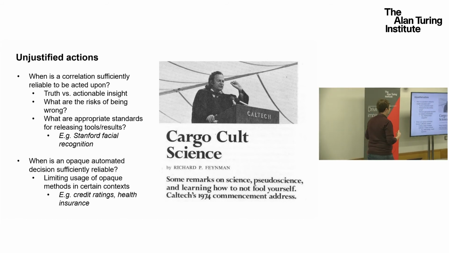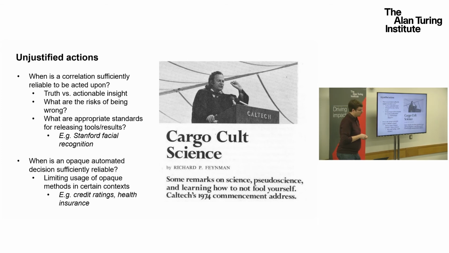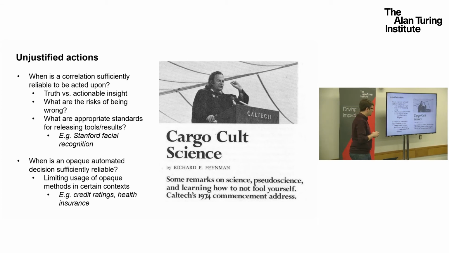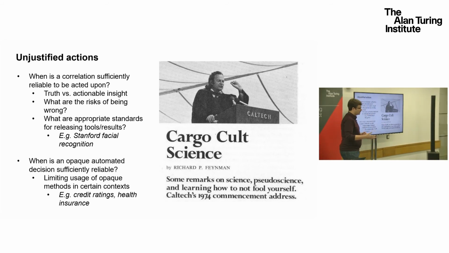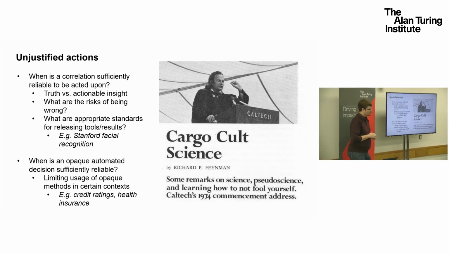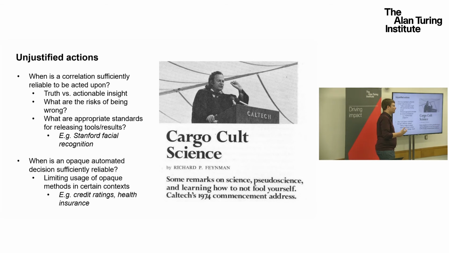It happened, I suppose it's over a month ago now, where a researcher at Stanford and a colleague from somewhere else produced and released a software package where they said they could predict somebody's sexual orientation based on their face.